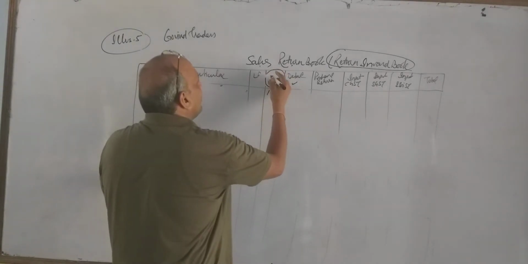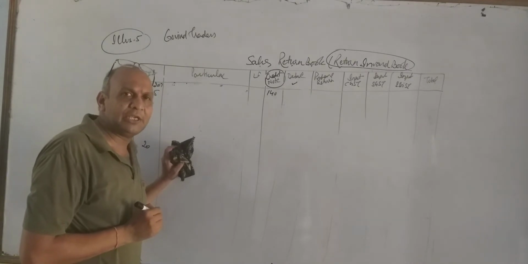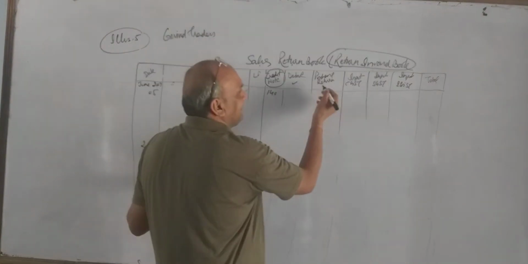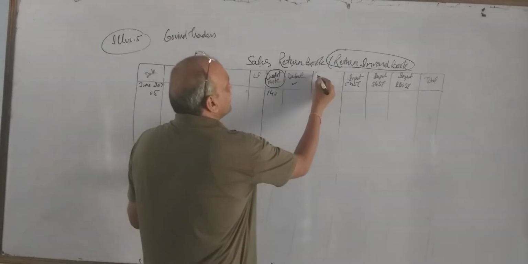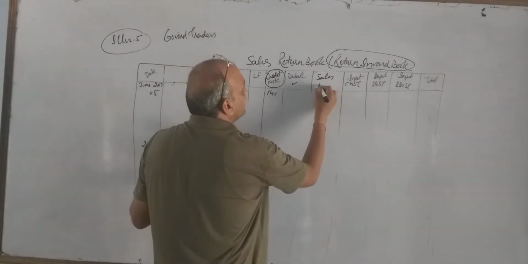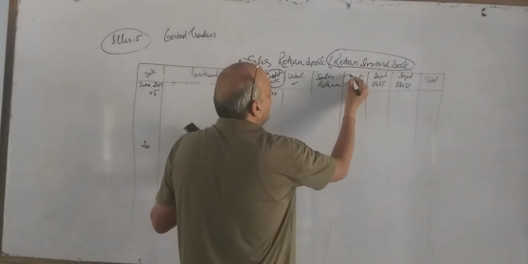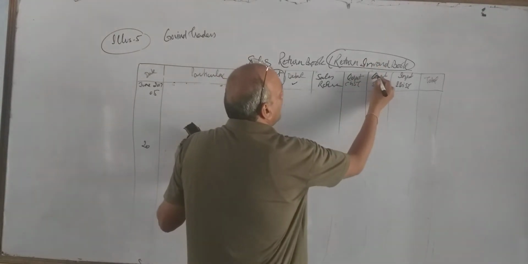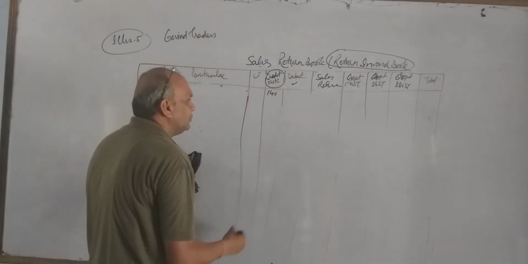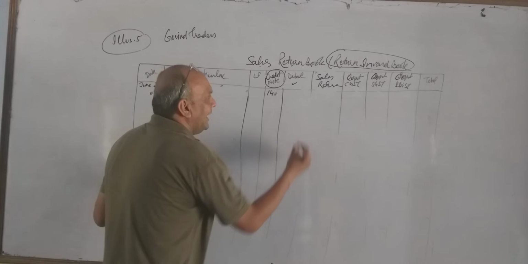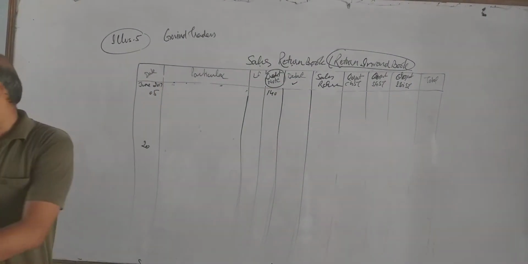Instead of debit note, here it will be credit note. Instead of purchase return amount, sales return amount we are going to write over here. And instead of input, here it will be output: output CGST, output SGST, output IGST, and then total. More or less the format is the same.